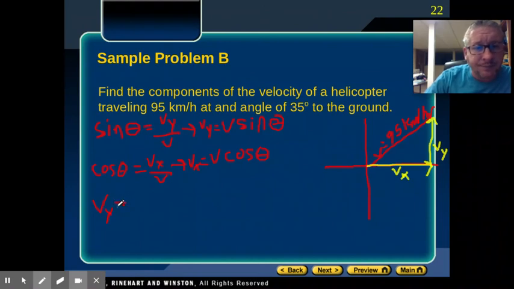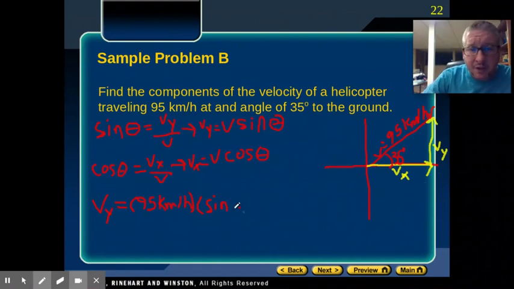So Vy, we have our V, which is 95 kilometers per hour, multiplied by the sine of our angle. And again, our theta is 35 degrees.